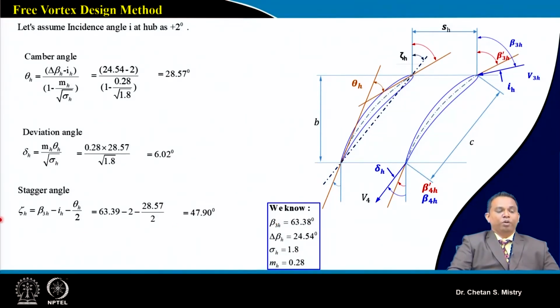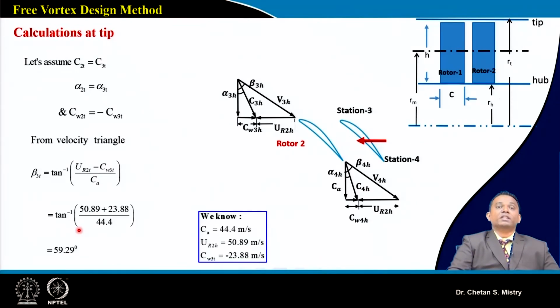Okay. Now based on that, we can do our calculation for the camber angle theta, deviation angle and the stagger angle at the hub station. Similarly, we can do our calculation for the tip region. In line with what we have discussed for the hub station, we will opt for the same for the tip station.